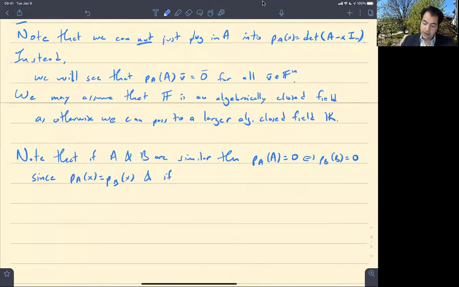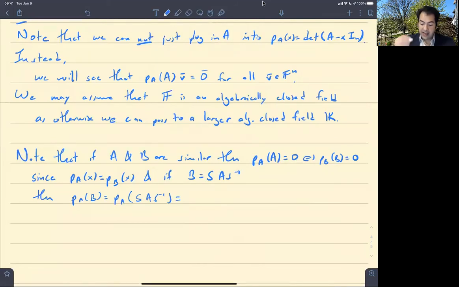And if B is equal to S inverse A S, then P_A applied to B would be P_A applied to S inverse A S, right? As we've seen before, when you raise, say, S inverse A S to the kth power, you get lots of S times S inverse sandwiched in between other factors, and those are all equal to the identity.